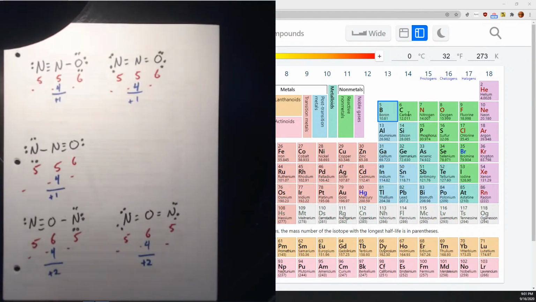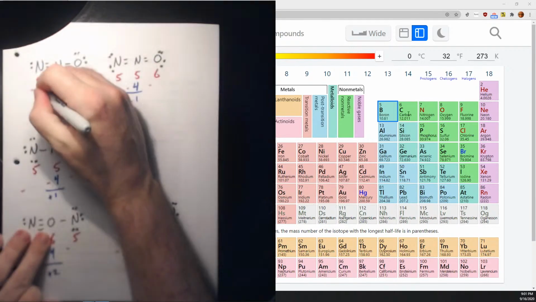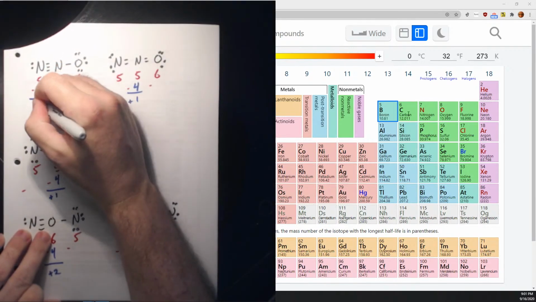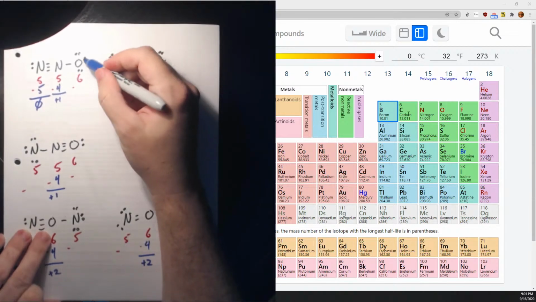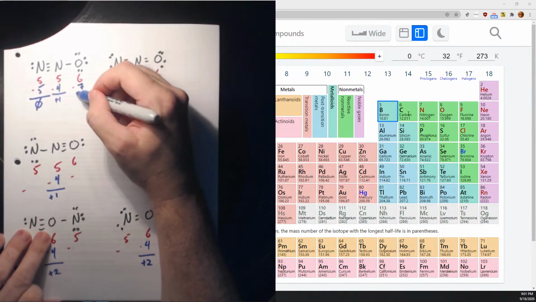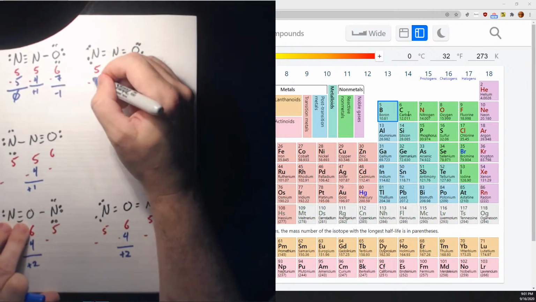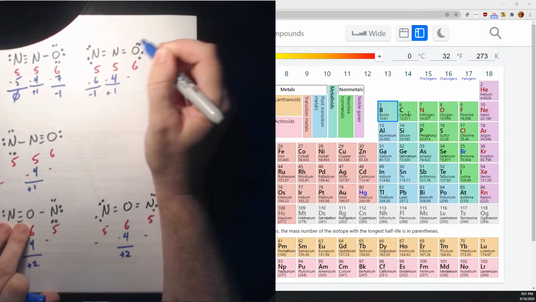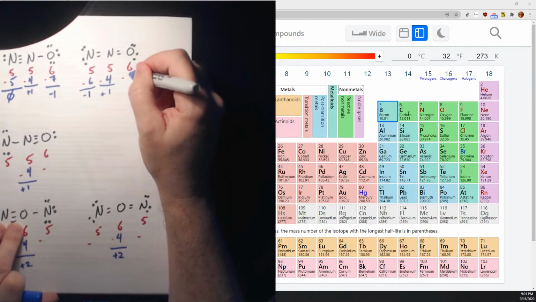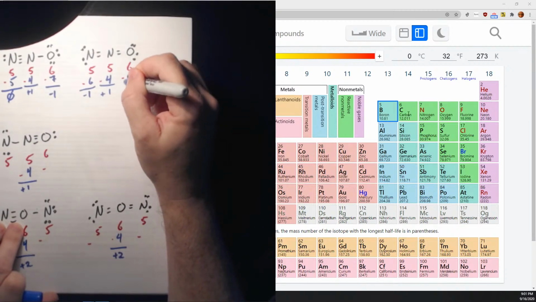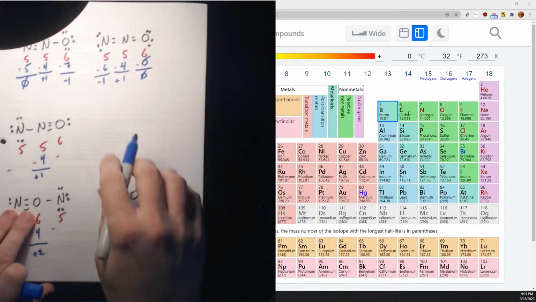So triple bond, this oxygen or this nitrogen owns 5, giving it 0. Single bond, this oxygen owns 7, meaning -1. Double bond, it owns 6 for a total of -1. This guy owns 6 for a total of 0.